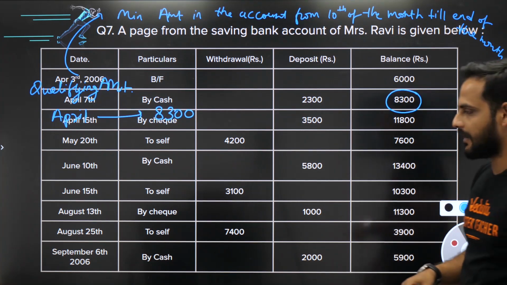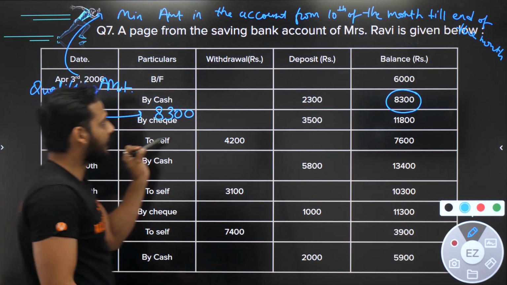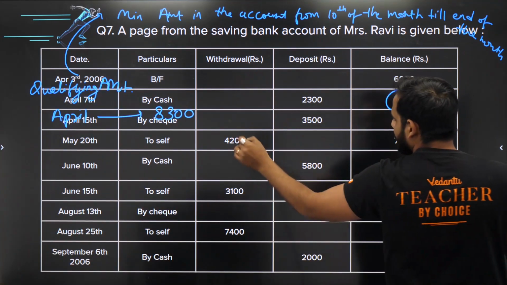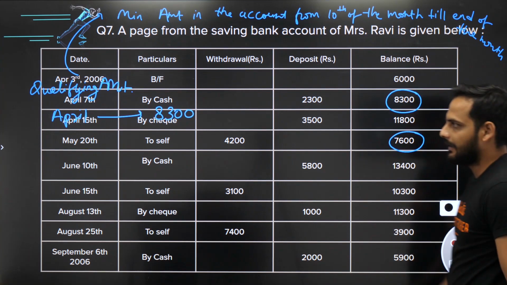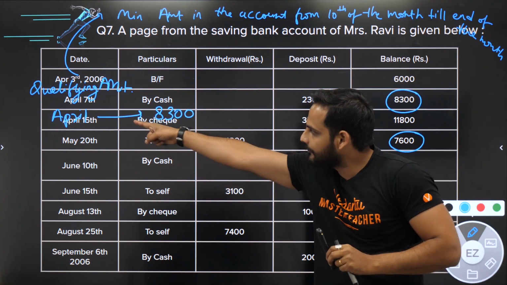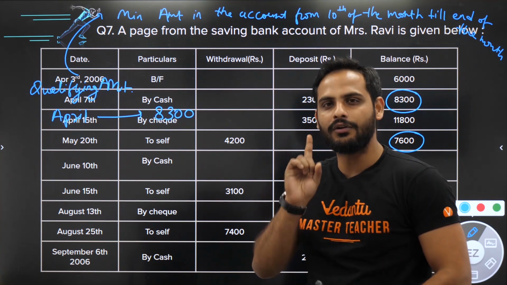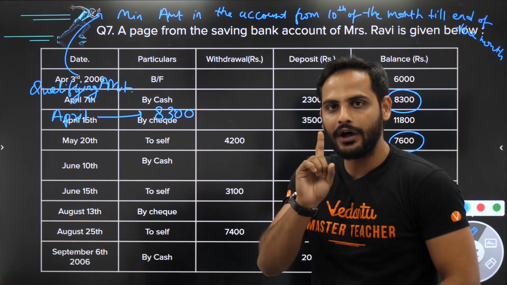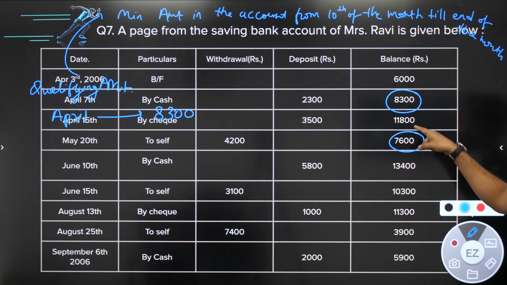Now let's talk about May. Beta, in May, he is withdrawing 4,200 and he is left with a balance of 7,600. Now see, from 15th April till 20th May, no activity in the balance. So I can say, sir, on the 10th of May, the amount in the account should definitely be 11,800 because nothing has been done.